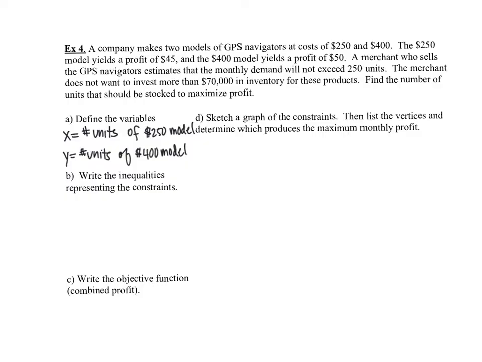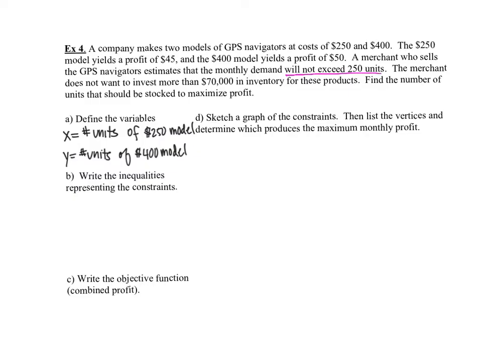Okay, part B, I'm going to write the inequalities representing the constraints. So they're telling me any limitations. The merchant who sells the GPS navigators estimates monthly demand will not exceed 250. Okay, will not exceed sounds like an inequality.